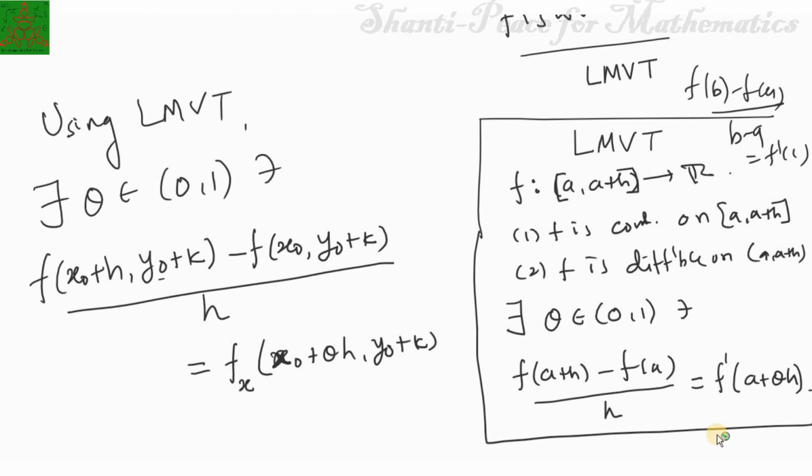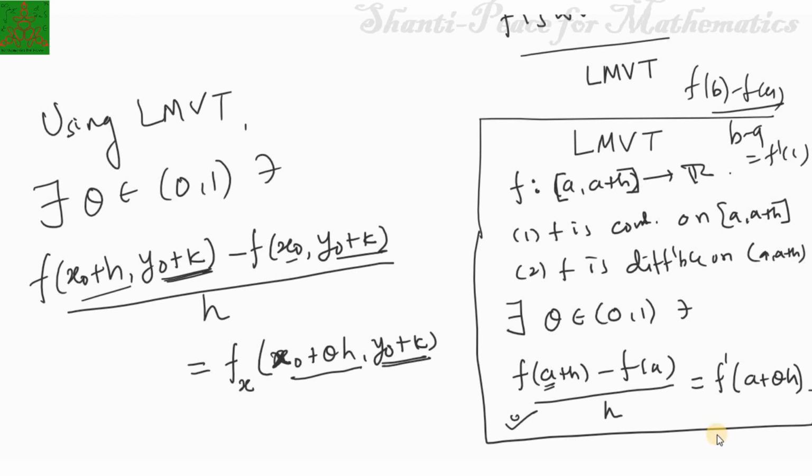Here we keep y0 plus k fixed and only change x, going from x0 to x0 plus h, and that's why it is x0 plus theta h. In this theorem, instead of a we have x0.